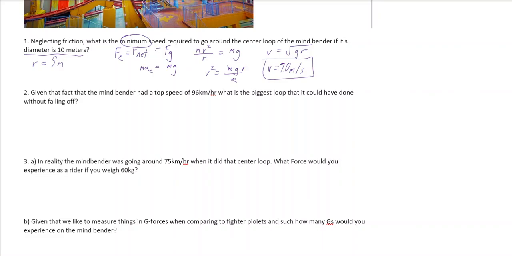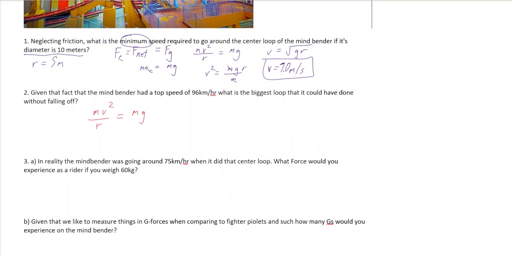Actually, now I'm thinking about it, maybe that's incorrect. No, I think that should be fine. Let's just try it out and see if this question makes any sense. So let's go with that top speed. So mv squared over r equals mg.